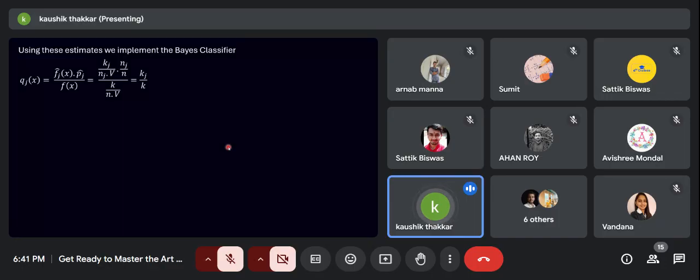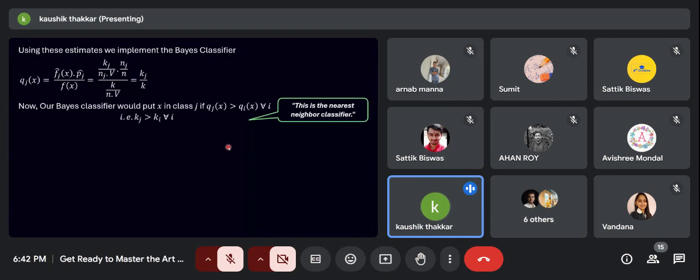And this is what the nearest neighbor classifier is, right? So basically the nearest neighbor classifier is nothing but the Bayes classifier implemented using the k nearest neighbor estimation procedure of the class conditional densities, right?